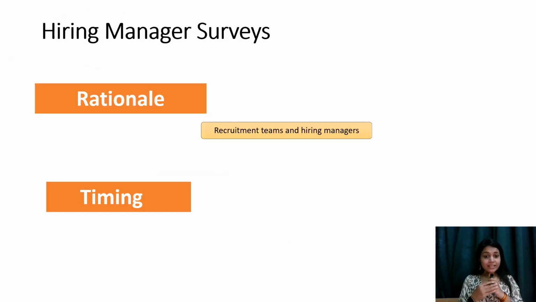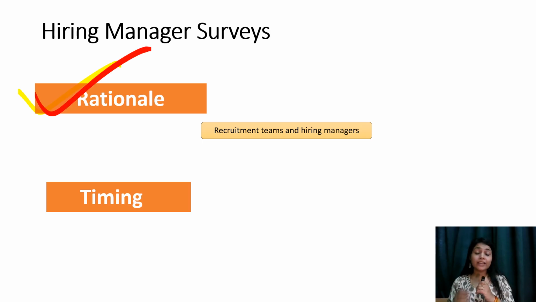The second category is hiring manager surveys. This is actually getting the view from the other side of the table and collecting feedback from the internal hiring stakeholders. The rationale: why are we conducting the hiring manager survey? Because we have already conducted the surveys of the candidates.